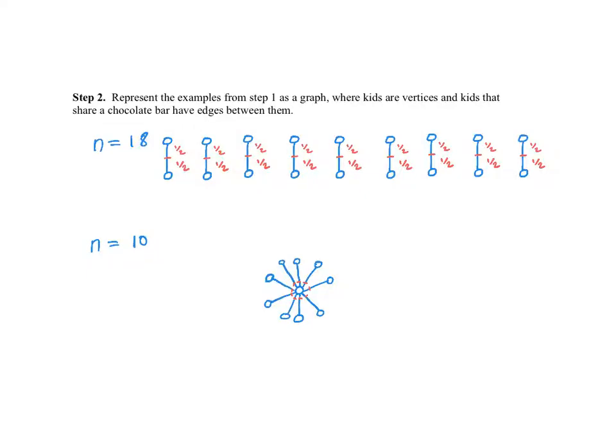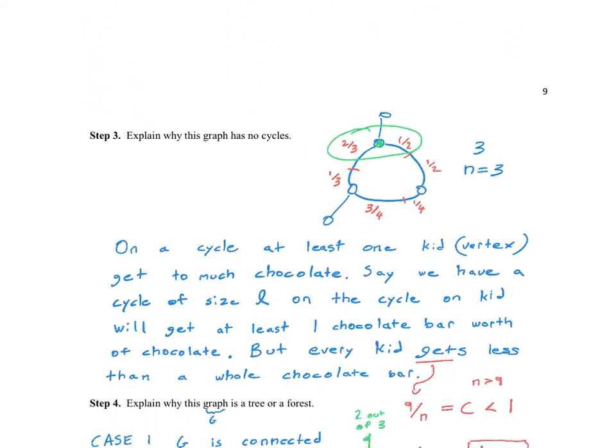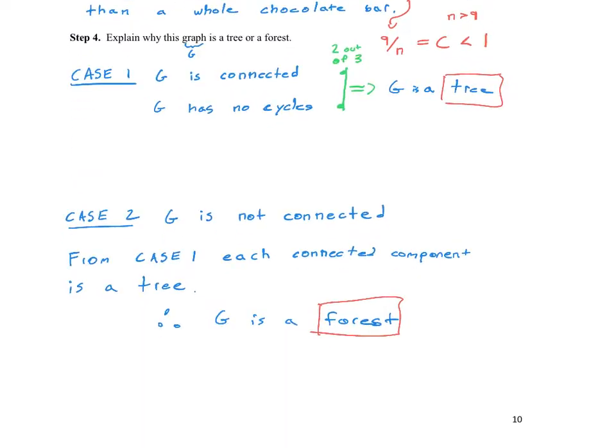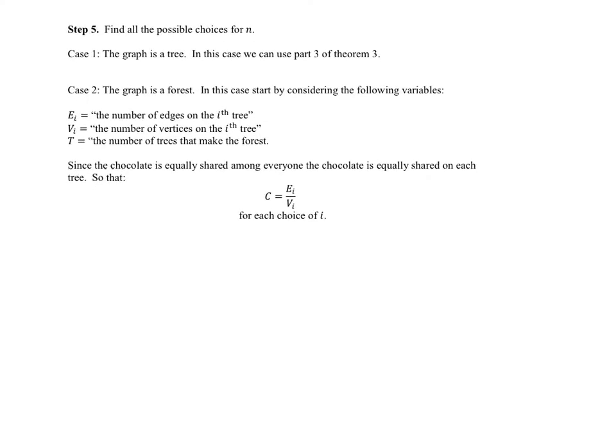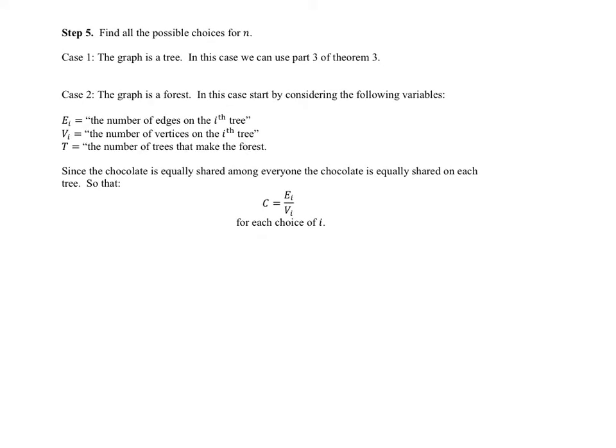So our question is still, are there any other possibilities? The grand finale of our problem comes in step 5, where we find all the possible choices for n. And we're going to take the 2 possibilities from the previous step and make cases out of those and go further into each one of those cases. So in case 1, our graph is a tree.